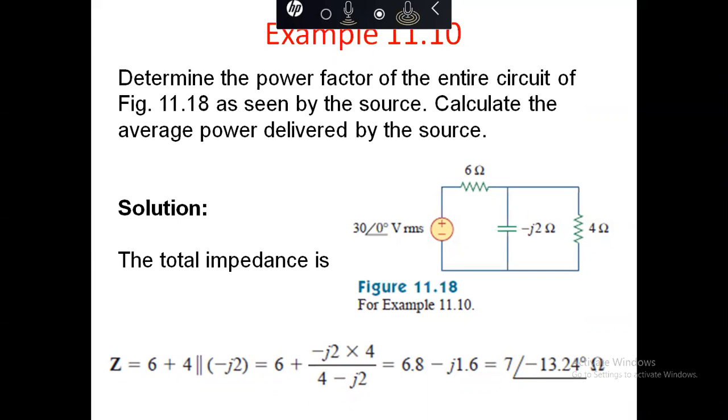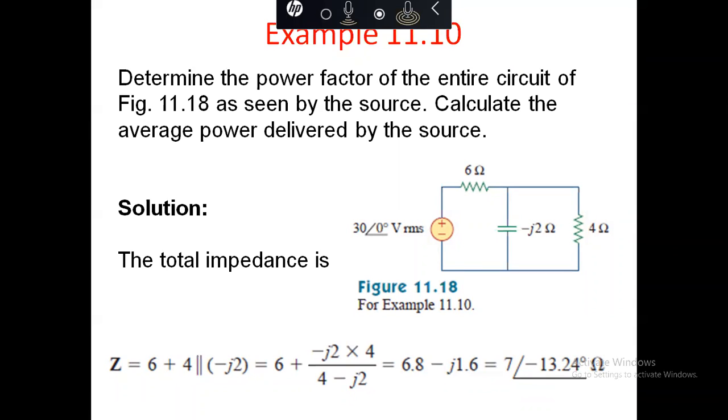We repeat the same process to calculate the total load impedance or the network impedance. That impedance value is calculated as 7 at the angle of minus 13.24 degrees. So that load is capacitive in nature because the sign is minus.